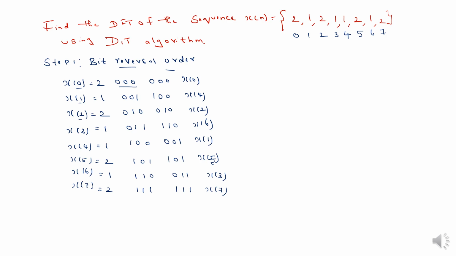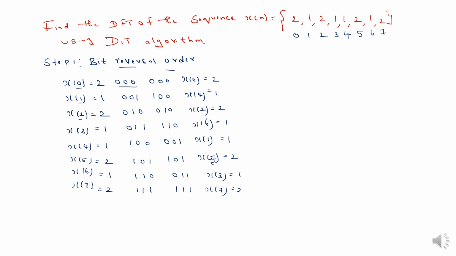Hence, the bit reversal order for any given 8 inputs is found to be x of 0, x of 4, x of 2, x of 6, x of 1, x of 5, x of 3 and x of 7. Its equivalent values as per the given question are 2, 1, 2, 1, 1, 2, 1 and 2.